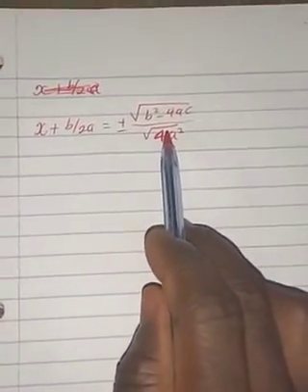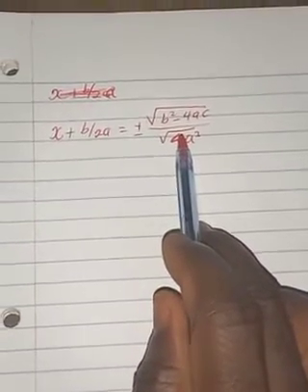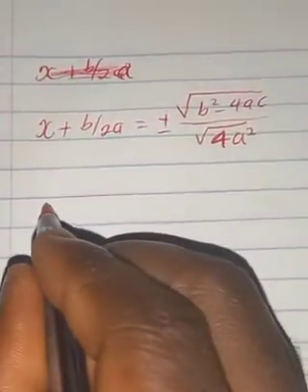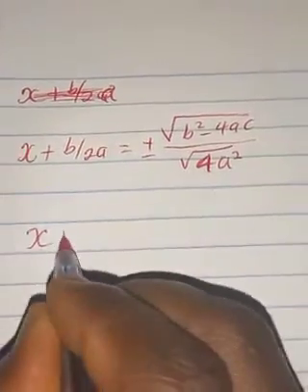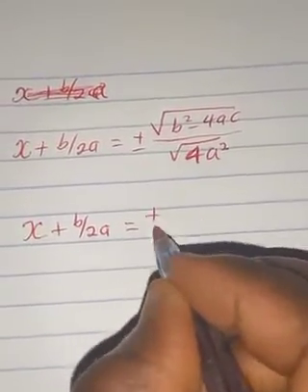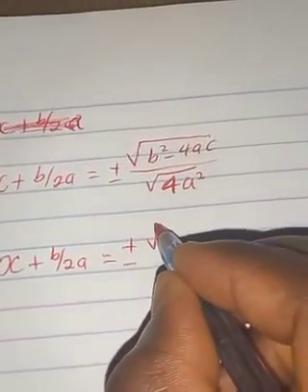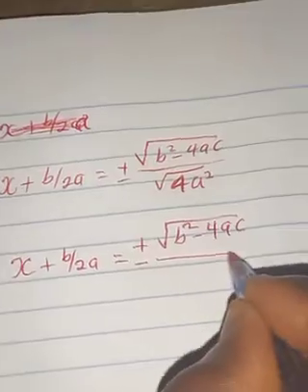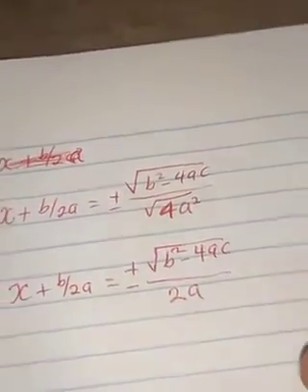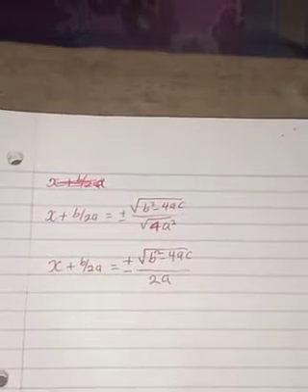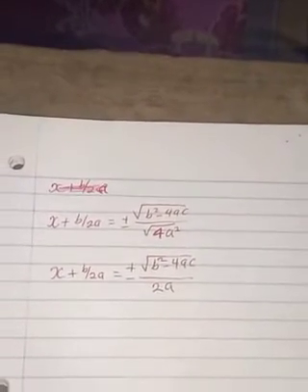When we express this, we are going to get x plus b over 2a is equal to plus or minus root of b squared minus 4ac all over 2a.